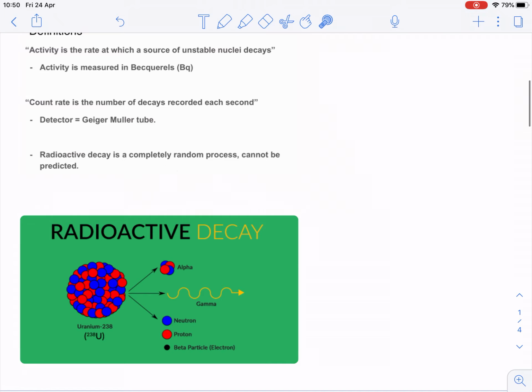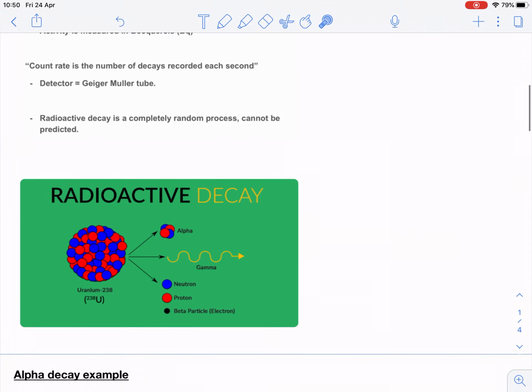There are three types of radioactive decay, as seen from this image: alpha, beta, and gamma. I'm going to go over those in a little more detail. With alpha, you've got a helium nucleus.